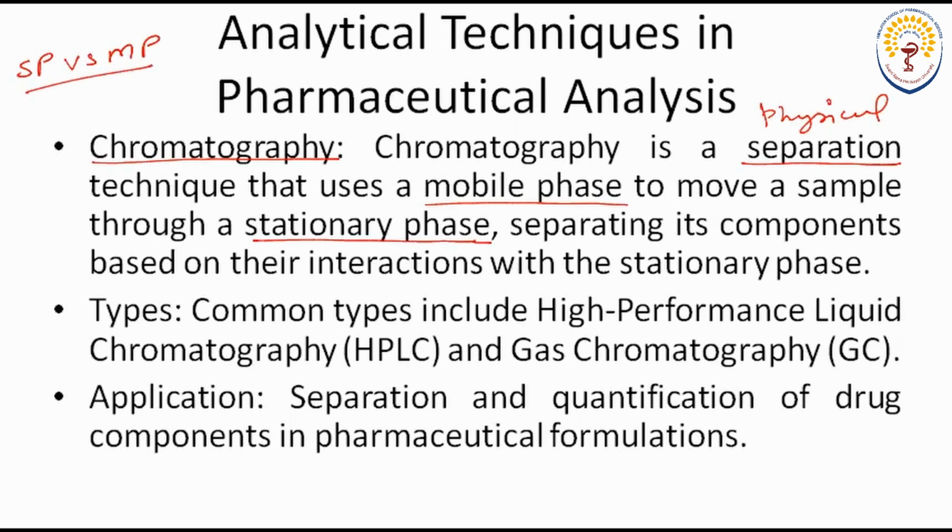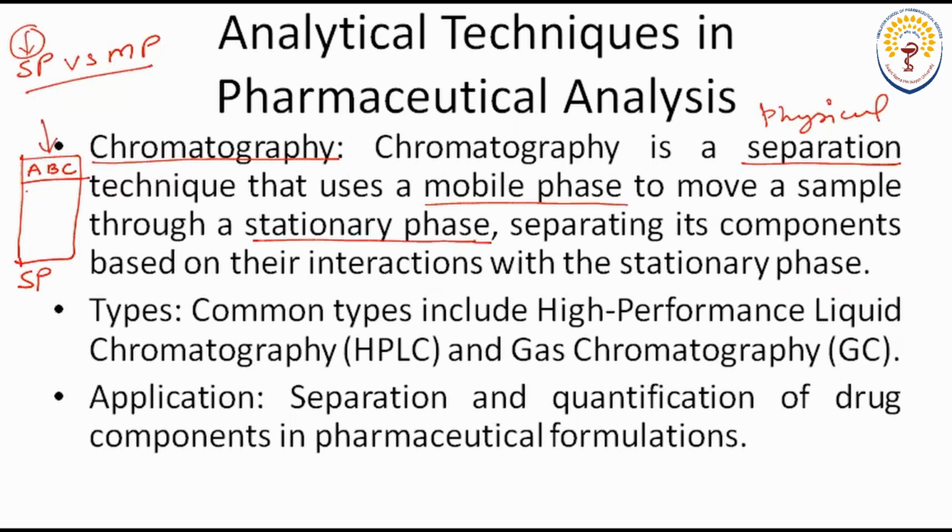So the sample we want to separate is lodged into the stationary phase, and then we run the mobile phase. Let us understand with this picture: imagine that this is the stationary phase, and it contains a sample in which there are three components A, B and C. We will lodge this sample into the stationary phase, and then we will pass the mobile phase.